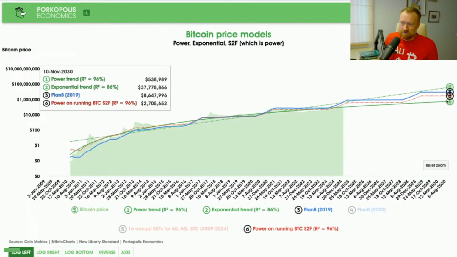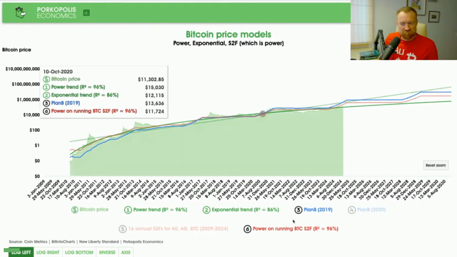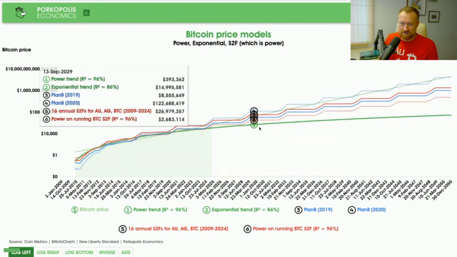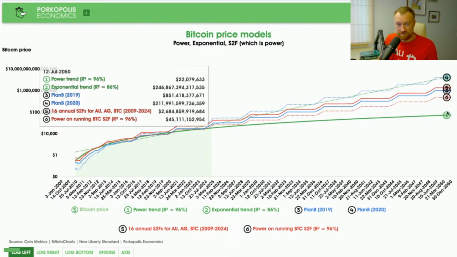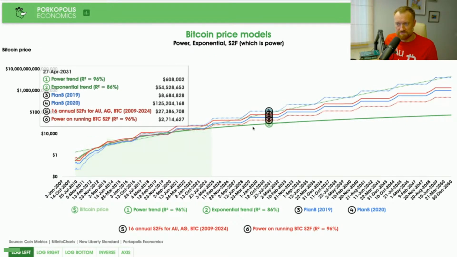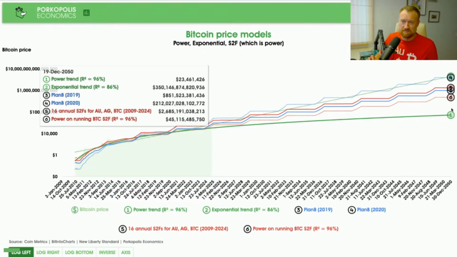So it's interesting now. We see that you can layer on a bunch of different models, and at the end of the day, the power curve always remains the most conservative. We go out to 2050 just for the fun of it. We could be on a full Bitcoin standard here, so this just becomes silly numbers and doesn't matter.